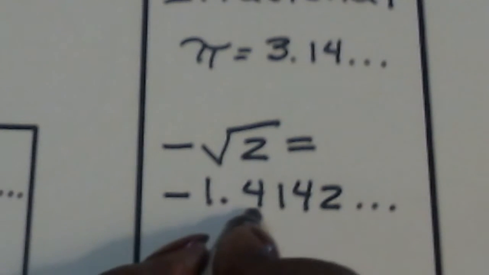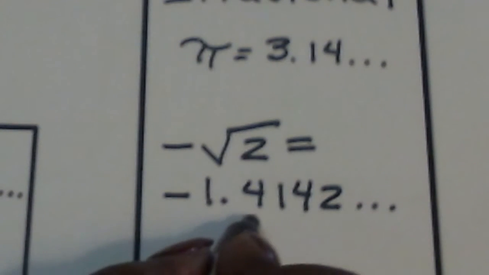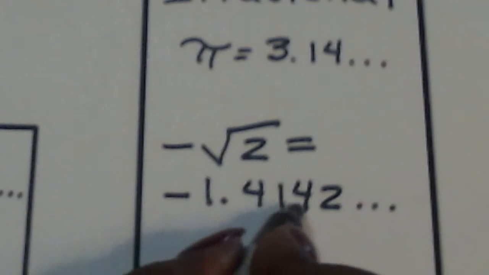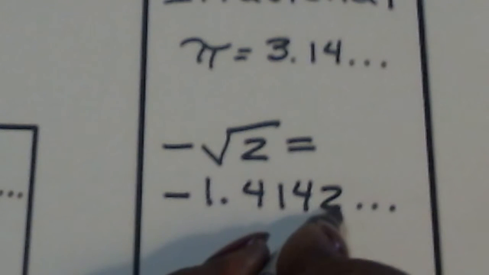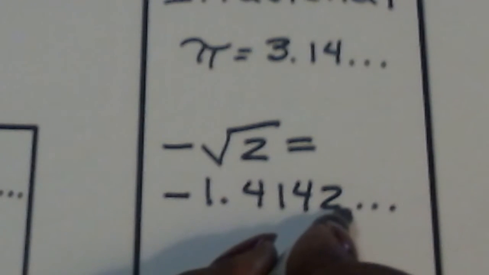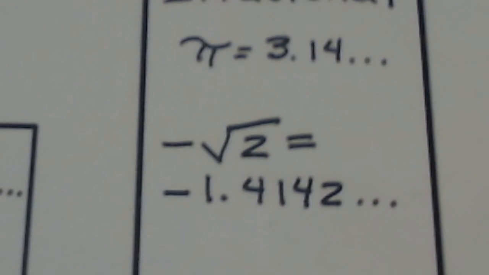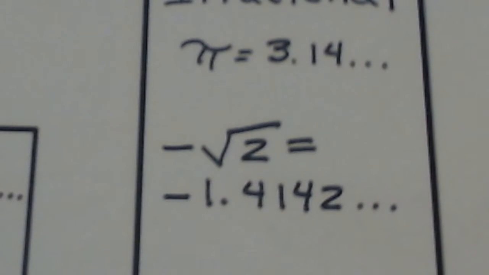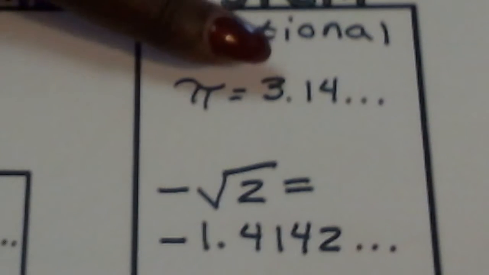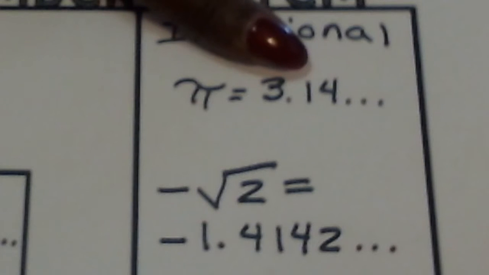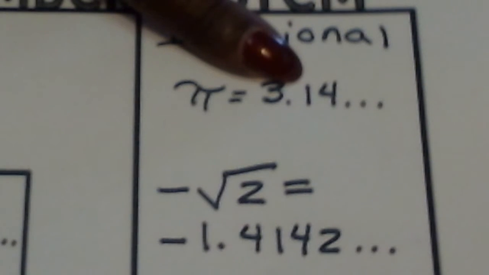Now in this example, notice that we do have 2 4s behind the decimal point, but they are not repeating because the next number is 1 and here the next number is 2. They do not repeat. We can have the same numbers, but they will not repeat. So the rules for irrational numbers: they are decimals that will go on forever without repeating.